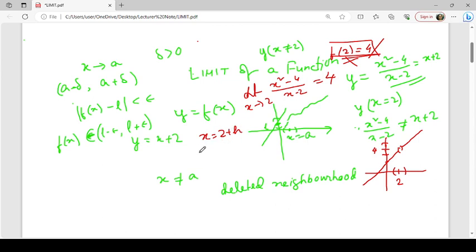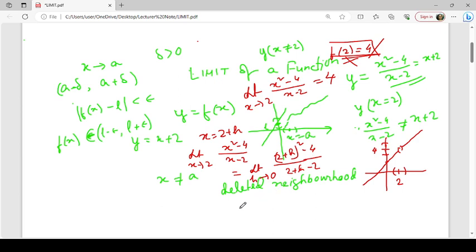So the limit as x tends to 2 of x square minus 4 by x minus 2 is equal to the limit where we put x equal to 2 plus h: 2 plus h whole square minus 4 divided by 2 plus h minus 2, and here h is approaching 0. h is a very small quantity, h approaches 0, but h is not equal to 0.